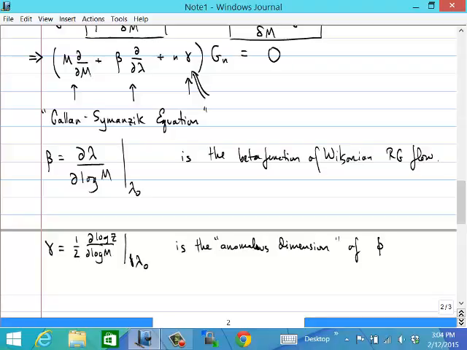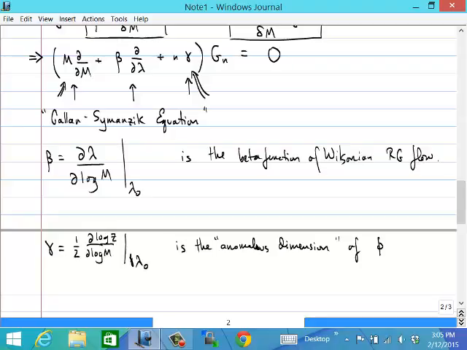And so what this equation is telling us, m d by dm plus n gamma acting on G is equal to 0, is that as you change the renormalization scale, this Green's function is just rescaling by an overall factor determined by that constant gamma. And so gamma is really telling you how the n fields scale as you change the renormalization scale. And that's why it's called the anomalous dimension.